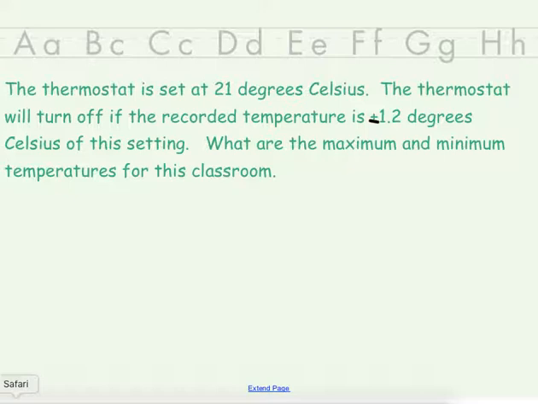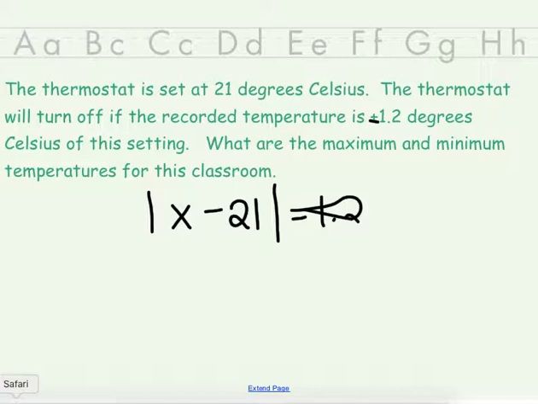But let's set up an absolute value equation to make sure. We set up our absolute value equation by saying, I have a certain temperature in this classroom, and that difference from what it should be, 21, can only be 1.2 away. I have a value x, and I want the difference from what it should be, in this case 21 degrees, and that's going to equal my error, the distance away I'm allowed to be.